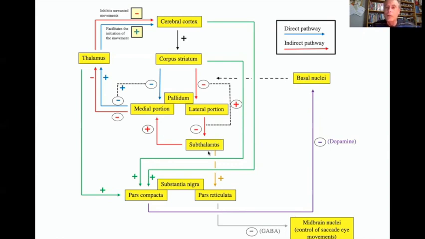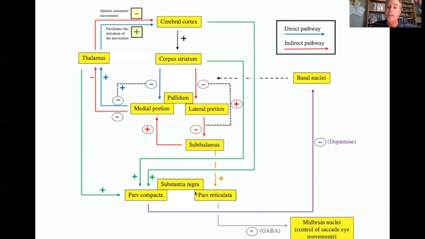We also have to know that the subthalamus activates the substantia nigra. Remember, the substantia nigra is in the mesencephalon, and it has a pars compacta and a pars reticulata. The pars reticulata is activated by the subthalamus, and in turn, the pars reticulata has GABAergic inhibitory activity over midbrain nuclei. In this case, it controls the saccadic movements of the eye.